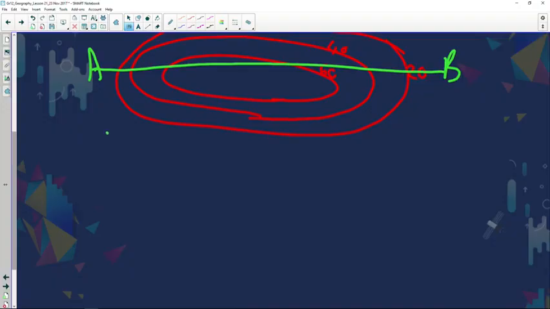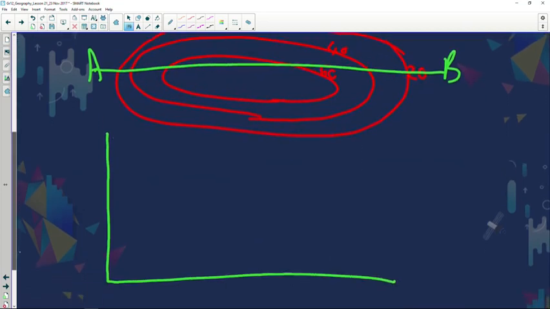And as you know by now, a graph has two axes, a vertical axis and a horizontal axis. Now, the vertical axis represents the height. The horizontal axis can only be two information sets, depending on what map you're going to use.